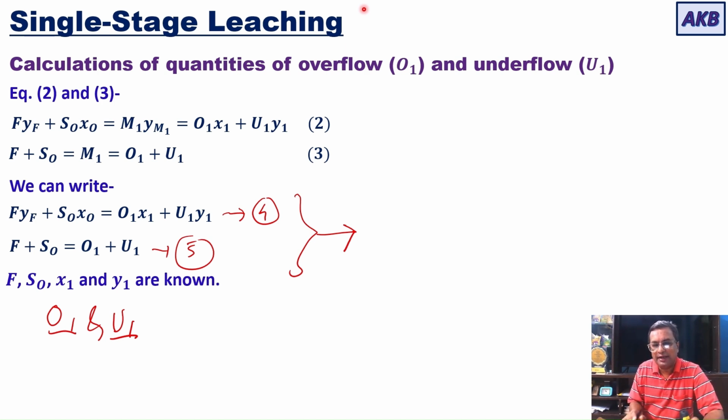With this, I end my discussion for single stage leaching. Here, I have told you the theoretical aspects of single stage leaching: how to write material balances for solids, material balance for solute, material balance for solution A plus C, then how to follow these material balances on the equilibrium diagram, then how to draw the required tie line if there is no adsorption of solute C, and if there is adsorption of solute C, there you'll be getting x1 and y1.